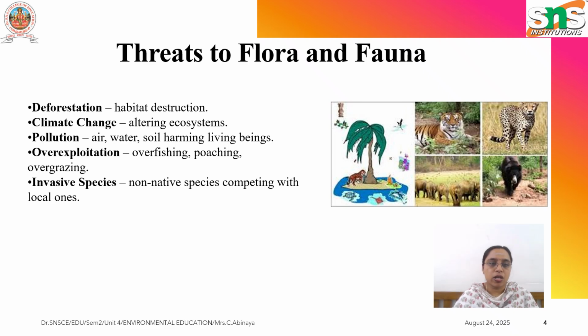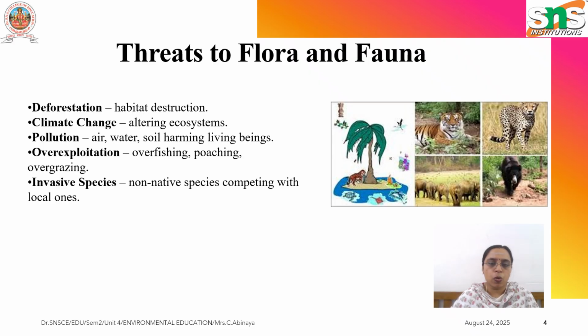So the third one is pollution. The toxic chemicals in water, air and soil damage the living organisms. We have already discussed all these pollutions in detail. For example, oil spills destroy marine plants and animals. Next one is over exploitation.